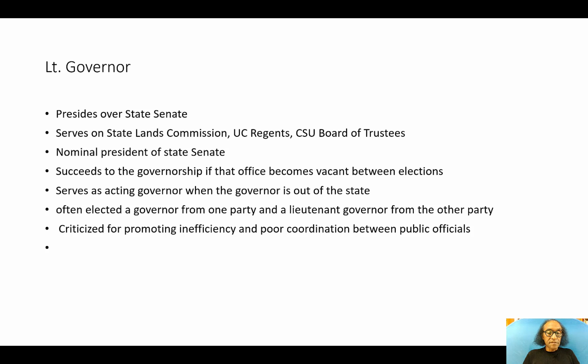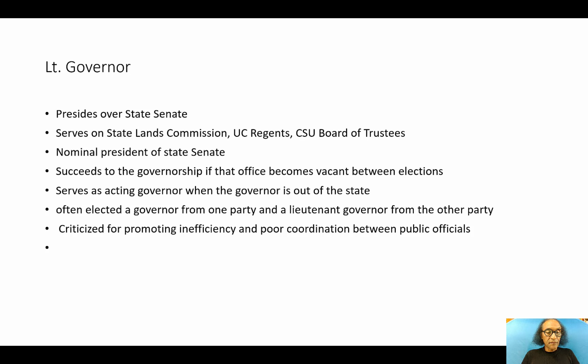Also, if the governor is not in the state, maybe traveling abroad or somewhere else, the lieutenant governor serves as acting governor with full powers of the governor, including the power to sign legislation if the opportunity arises. As I indicated, oftentimes the elected governor and the lieutenant governor may or may not be from the same party, but it is quite likely that they could be from two different parties.